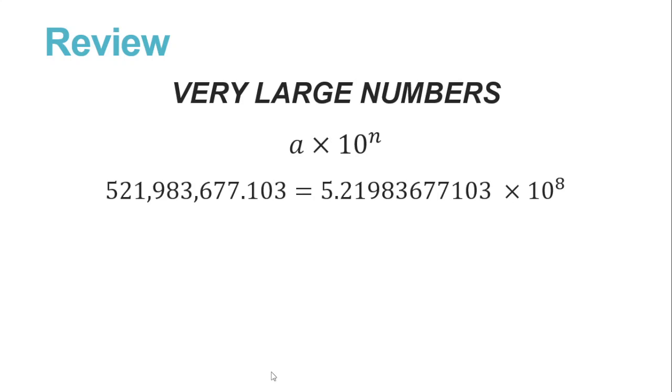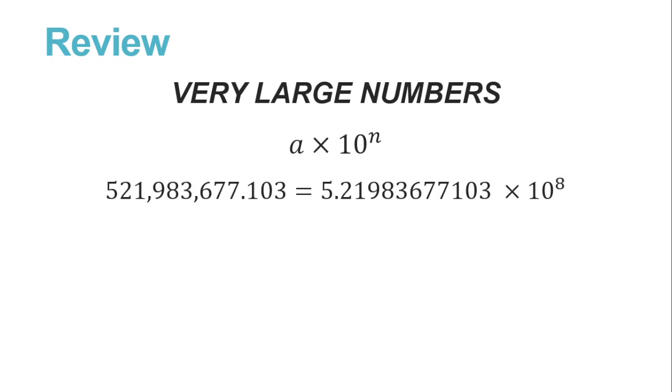How many steps you moved the decimal point will be the number raised to that power. For example, here we move this one to here. 1, 2, 3, 4, 5, 6, 7, 8. So 8 is the positive integer there.